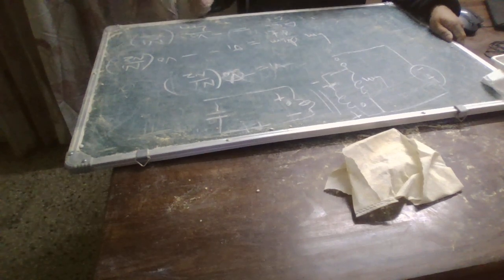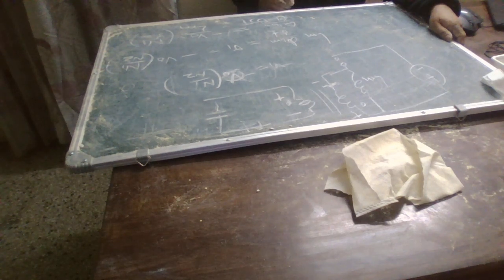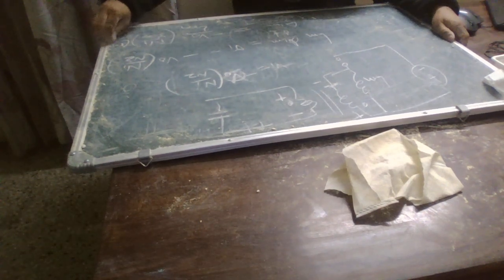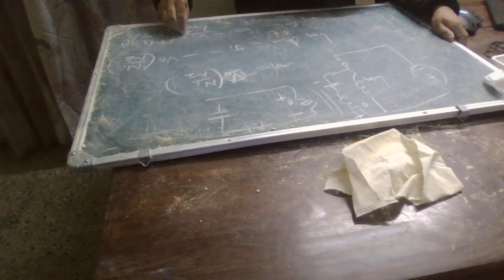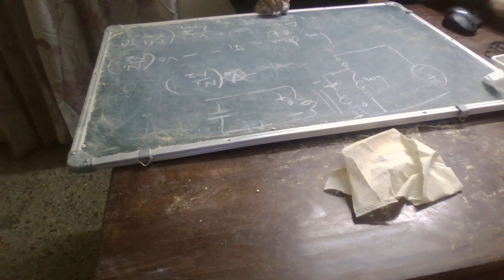We know the switch was off for a period of 1 minus D times T. We can replace that, and T we can use as 1 by f, the frequency. So this would be our change in the transformer magnetizing current when the switch is open.